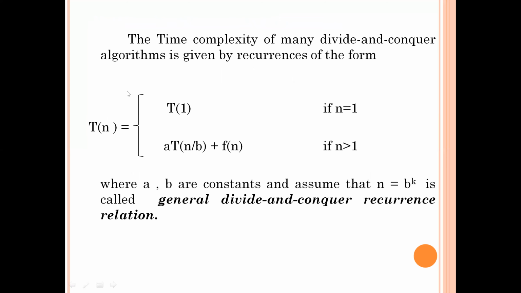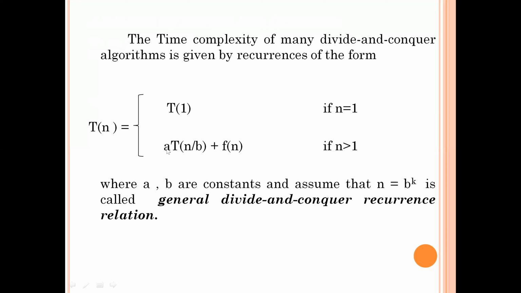By using that particular analysis, you can write the recurrence relation for the divide and conquer technique. The time complexity of many divide and conquer algorithms is given by a recurrence relation of the form: T of 1, when we say it is small, if n is equal to 1. This depends upon the problem. Next, we are giving the generalized form, that is a. A means how many number of times.